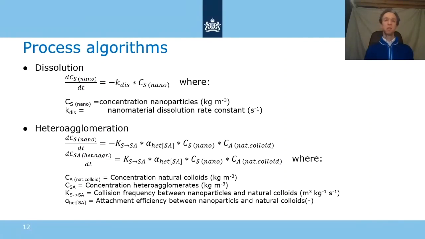This is dependent on this big K, which is the collision frequency, and the attachment efficiency, which is the alpha. This is the efficiency and the frequency of collision between the nanoparticle and the natural colloid, right? They would meet, and this is the frequency that they would meet, and then the attachment efficiency is the efficiency at which they would stick together for the rest of their life.